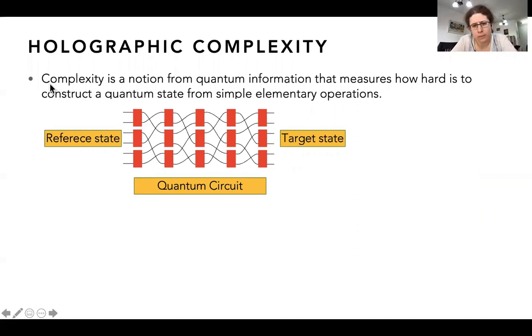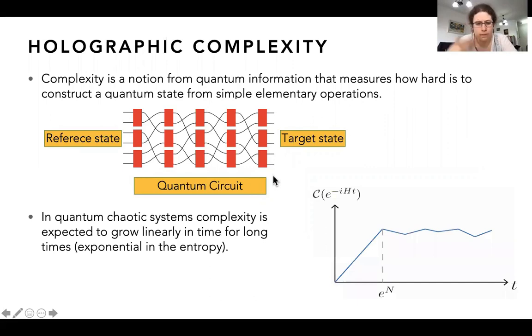From the boundary perspective, complexity is a notion from quantum information that measures how hard it is to construct a quantum state from simple elementary operations. Essentially one starts with a reference state and applies certain gates in an attempt to construct a given target state, and the complexity is the minimum number of gates required for this task.